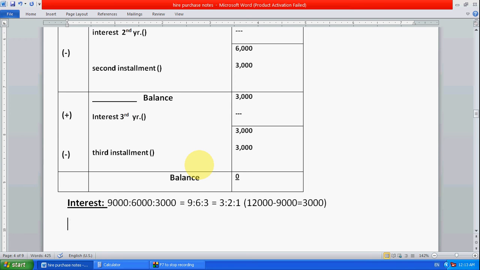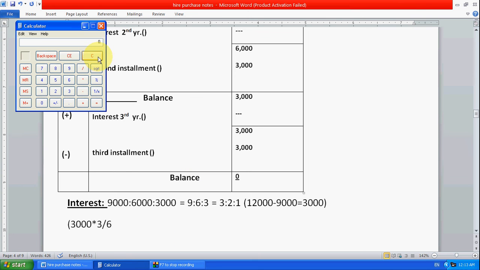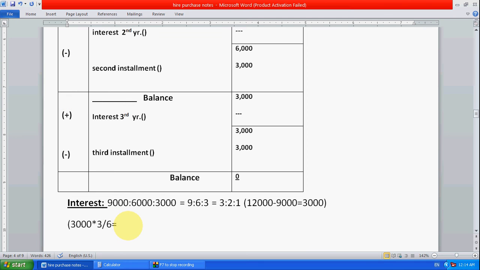So right here, first interest: 3,000 into 3 divided by 6. 3,000 into 3 divided by 6 means it will appear, sorry, 1,500, right? It's 1,500.